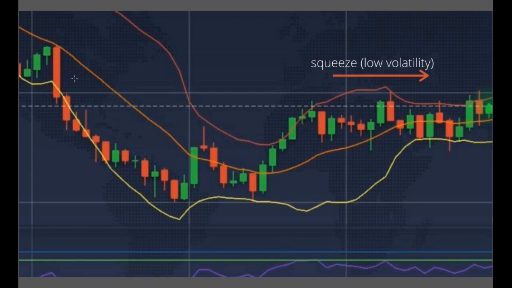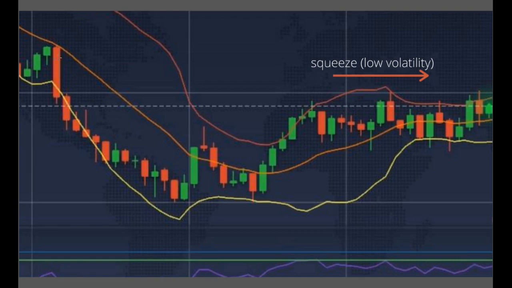So in a downtrend, the price will occur below the 14-day moving average. In an uptrend, the price of an asset will open and close higher than the 14-day moving average.